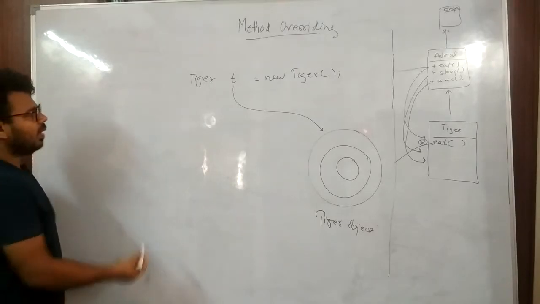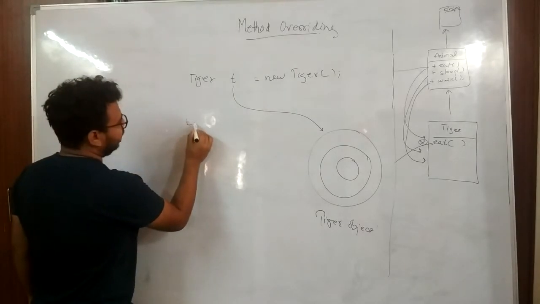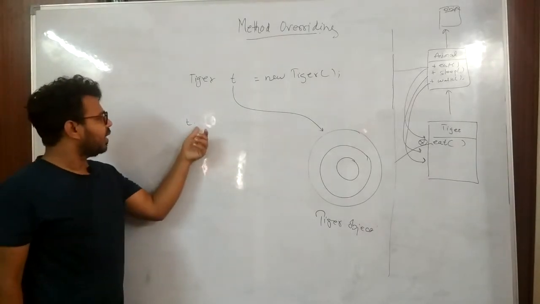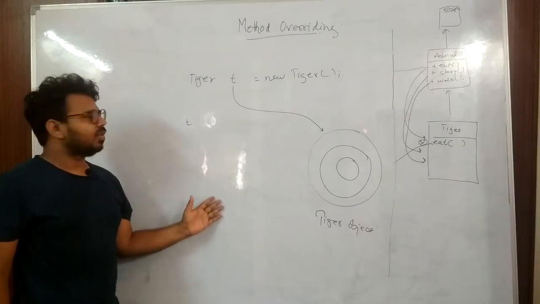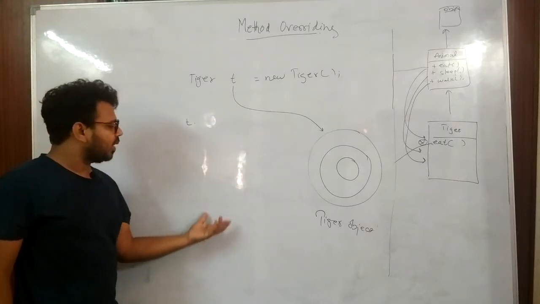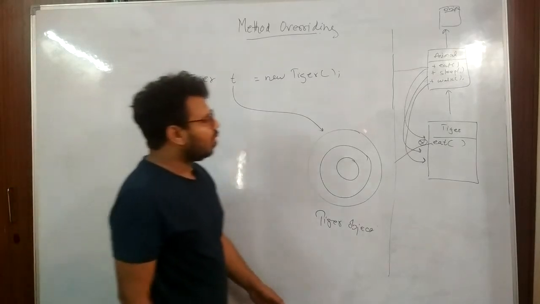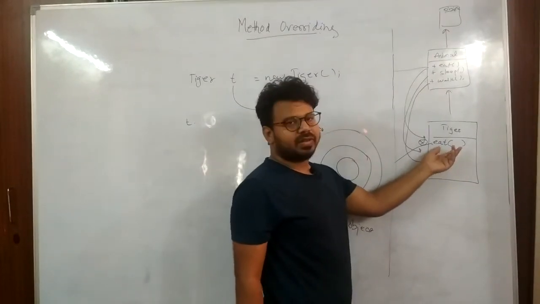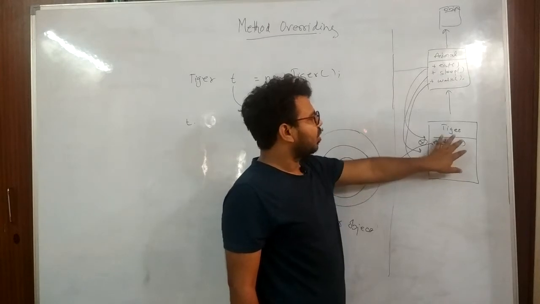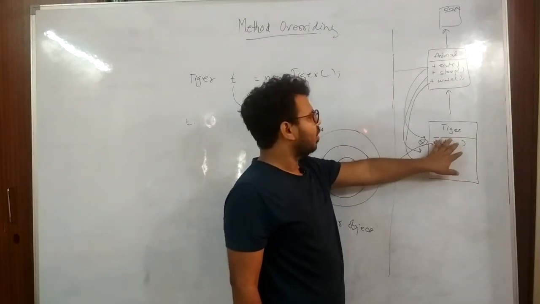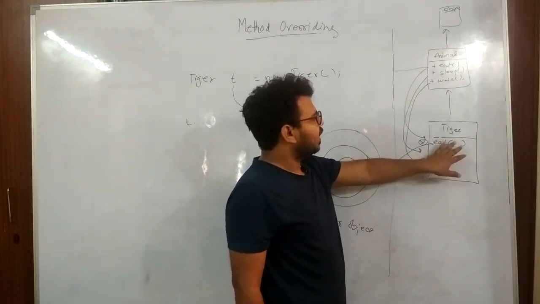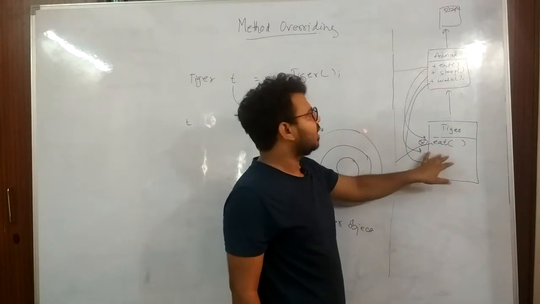Okay, now what will happen if I write t dot? What methods, what behaviors are going to be available to this tiger object? For now, think that the eat method is not defined; there is no eat method in the Tiger class.